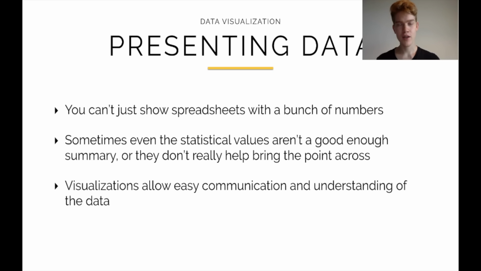But if we really want to understand what's going on, sometimes we just have to take a look at what's going on. And of course, it's also important to make sure you choose the right visualizations, because otherwise it may just look extremely weird. But this skill of being able to present data both for yourself as well as for other people is very, very important for a data scientist.